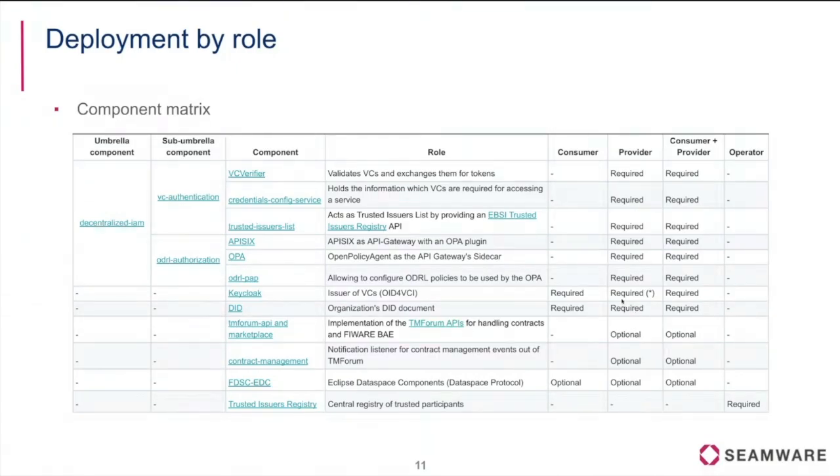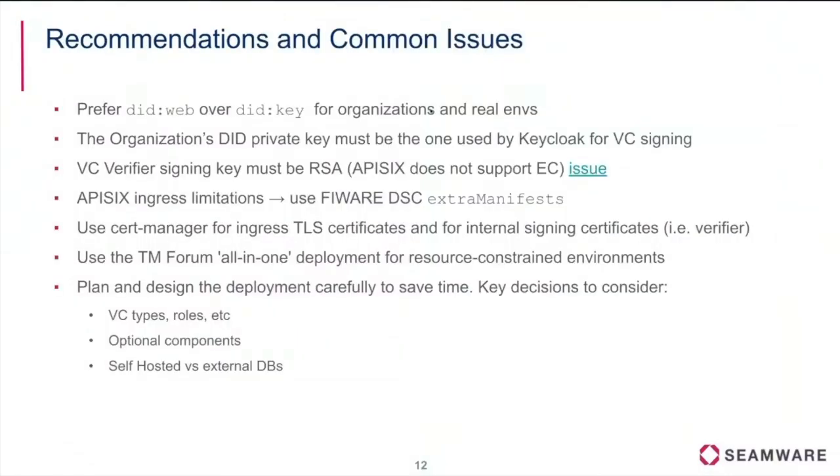So it's a cheat sheet, extracted from the official documentation, but it sums up what we saw in this last part of the training. And some recommendations and common issues based on our experience.